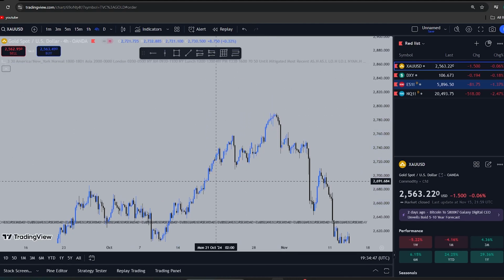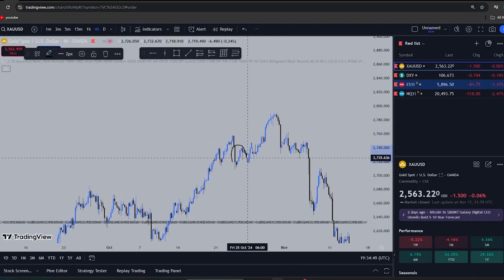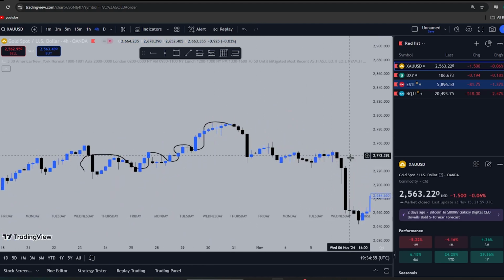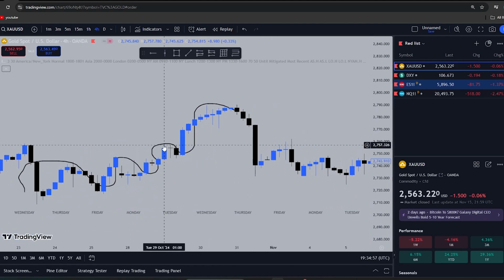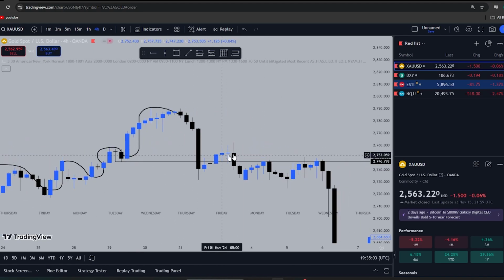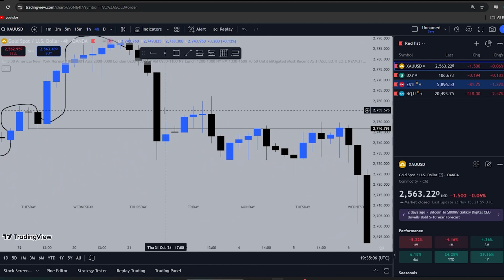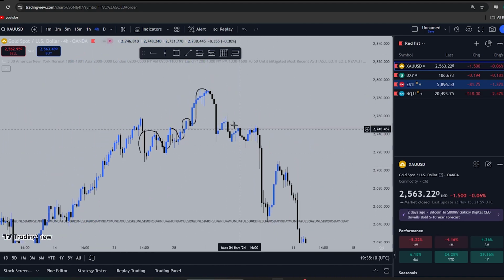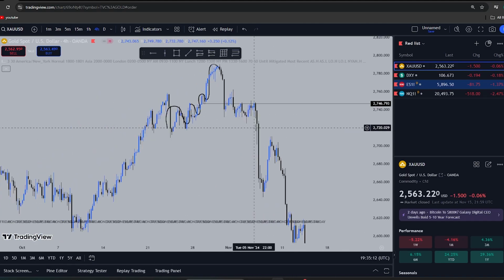I didn't draw it very well. Okay, up, creating higher lows, higher highs. You see this up candle, then a down candle, creating a low right here. A candle fully closed below this most recent higher low, and what happened? Now we're starting to move into a downtrend.